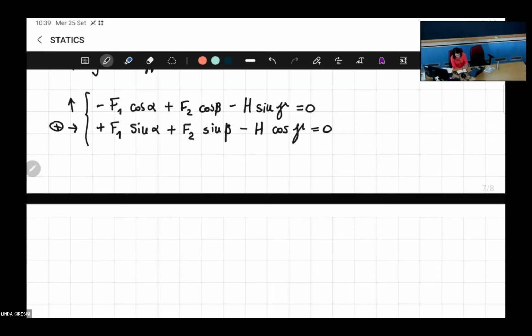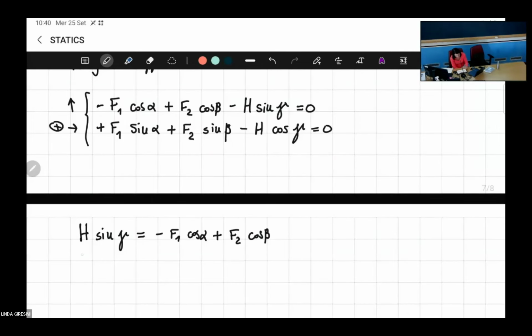For example, we can write H sin gamma equal to, I'm just moving H sin gamma to the other side, equal to minus F1 cos alpha, I'm just copying the first left-hand side, plus F2 cos beta.